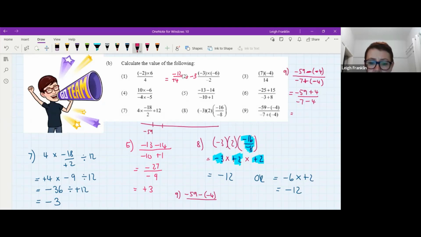What number is to its right? -58, and then to the right of that, -57, and to the right of that, -56. And to the right of that, -55. So if I start here and I go 1, 2, 3, 4 places to the right, I'm going to get to -55.